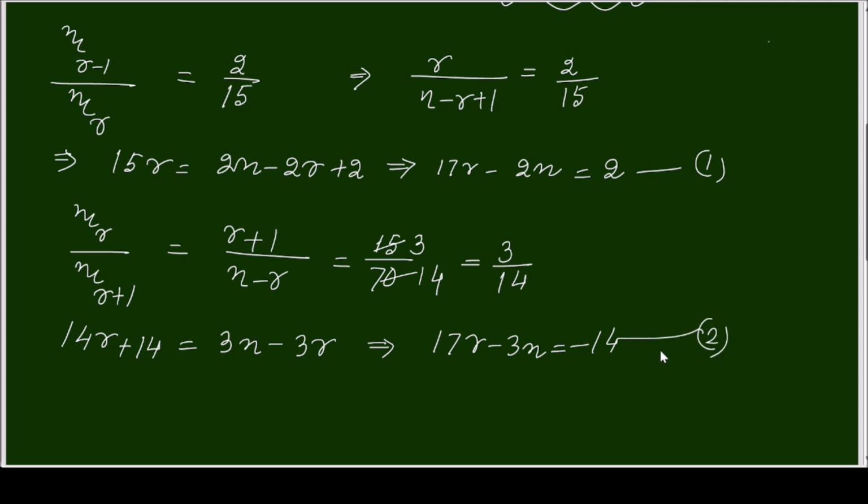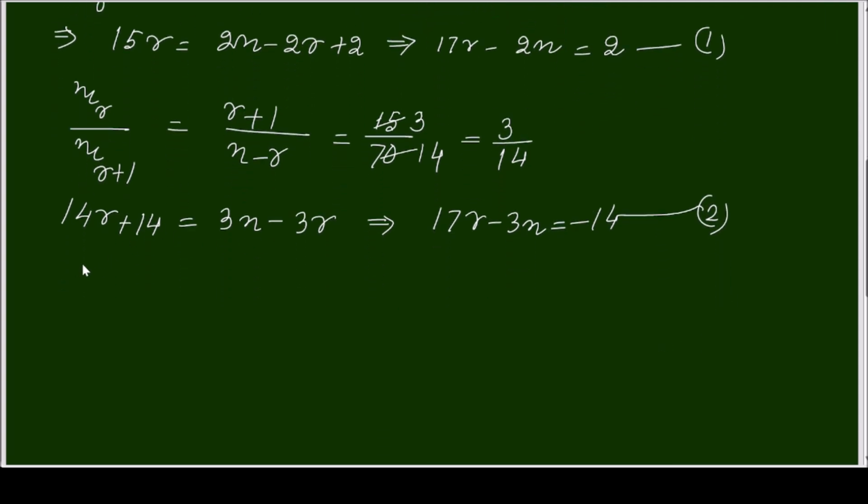Now solving equations 1 and 2, we subtract, 17r will be cancelled.